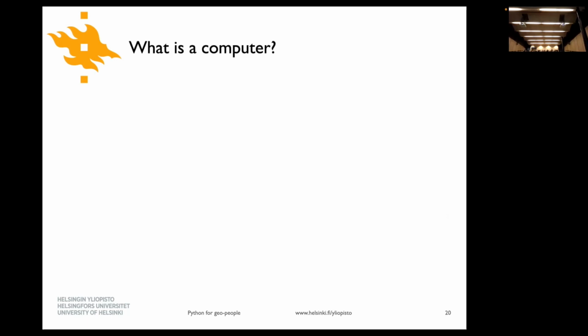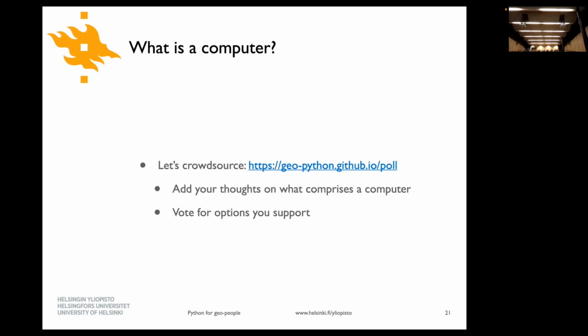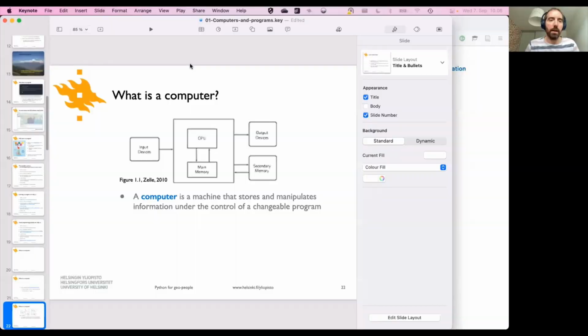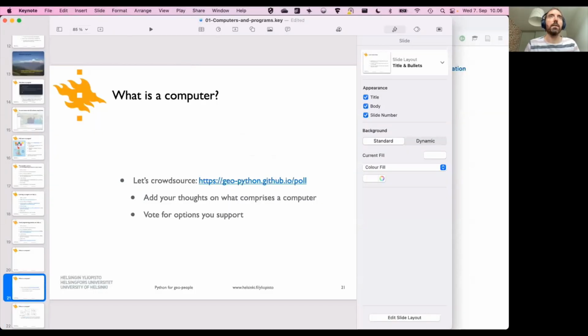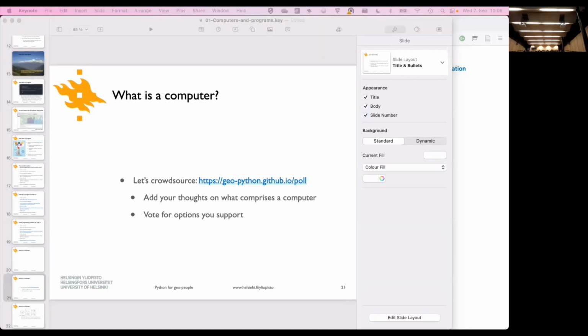I'll take a slight break from speaking for just a second here, and we'll ask a question: what is a computer? If you think about that for just a second, you can go to the polling page once again. I will put the question up, so give me just a second to do that. I don't want to give away the answer here.